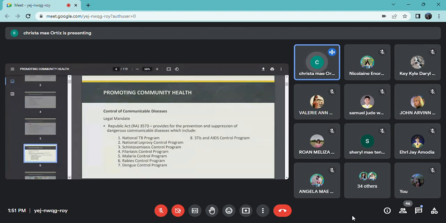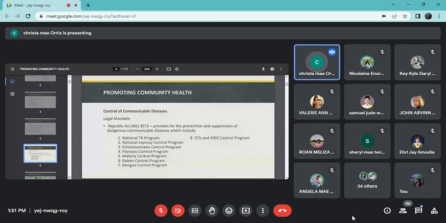Under the control of communicable diseases, we have a legal mandate, and this can be found in Republic Act 3573. Remember these Republic Acts because you need to memorize them. Republic Act 3573 provides for the prevention and suppression of dangerous communicable diseases.